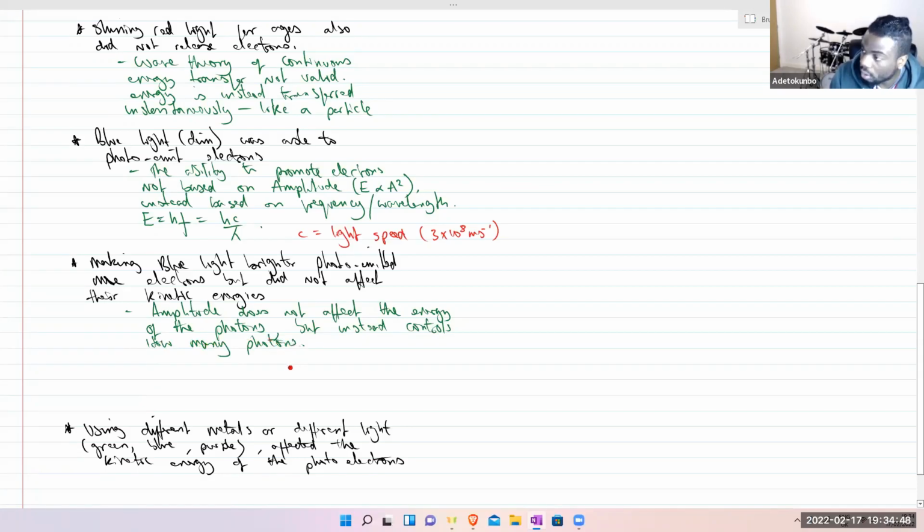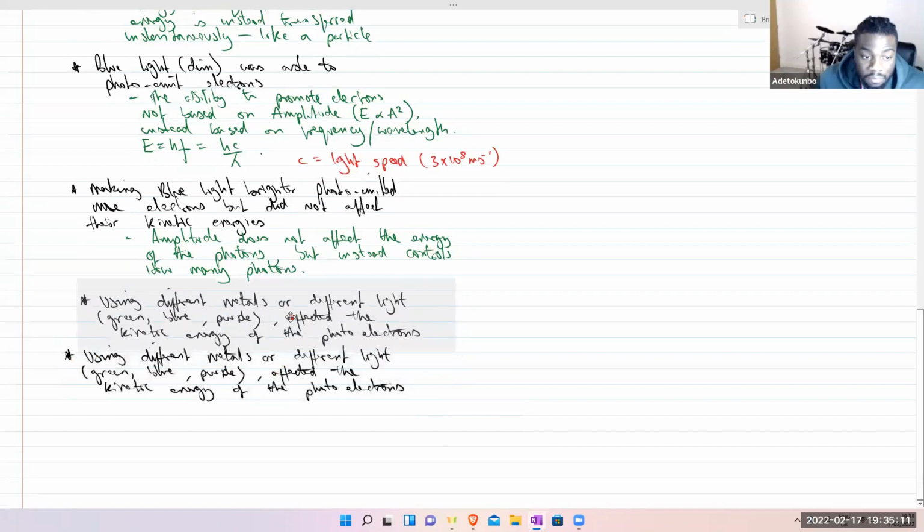Yep. So when they made the blue light brighter and saw many more electrons being emitted, but they all had the same energy, it simply meant that you shone more photons at the metal. So you were promoting more electrons with the same energy. Okay.